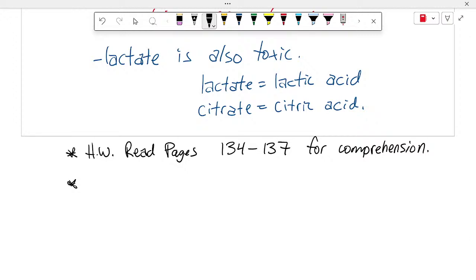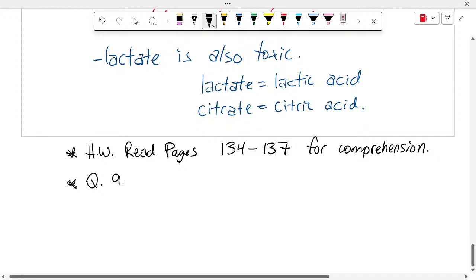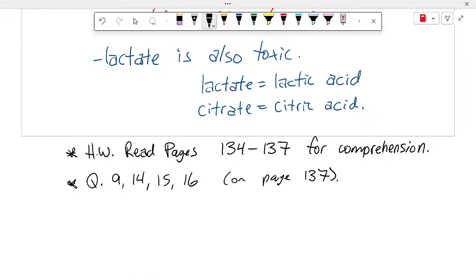And then I have some questions for you to think about: 9, 14, 15, and 16 on page 137. But I don't care about the answers to just these questions. I care that you understand it. So I can't stress enough, don't say I'm not going to do the reading.